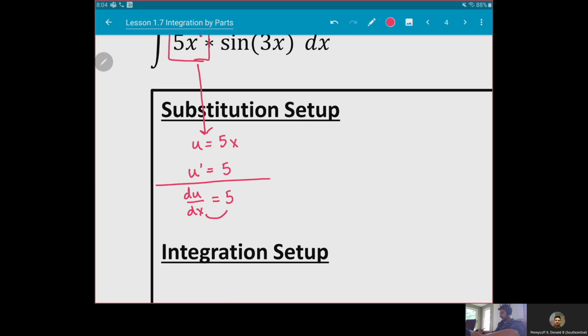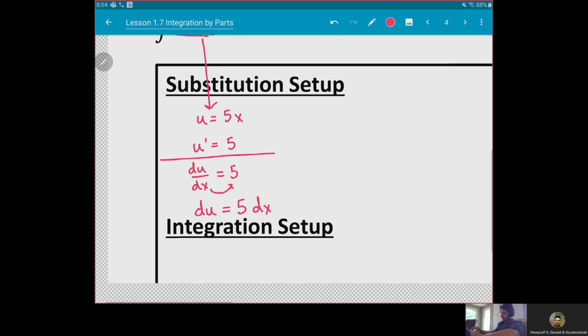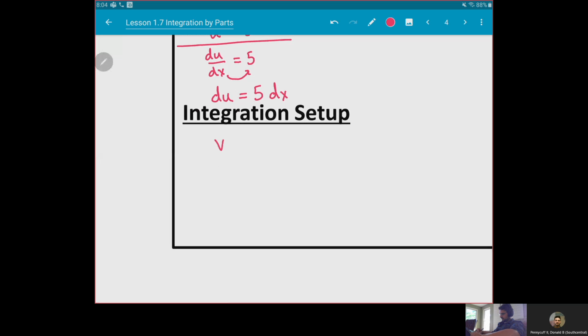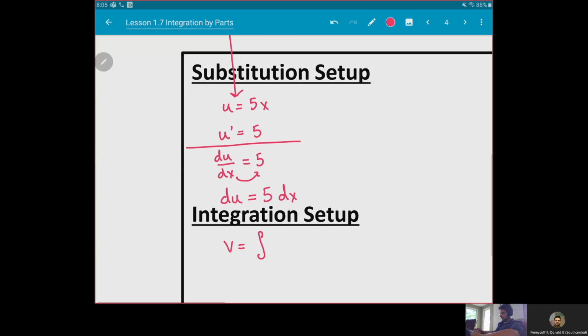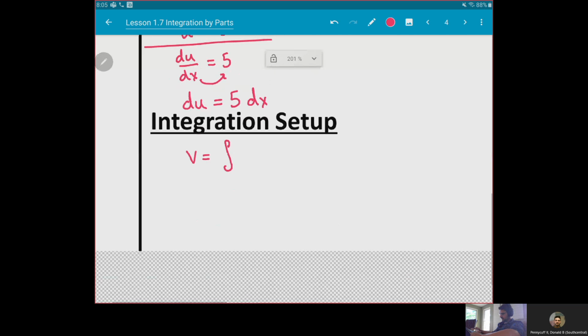I'm going to move that dx over, so du is equal to 5 dx. All right. So that gets me most of it. And v is going to be equal to the integral of sine of 3x. Okay.